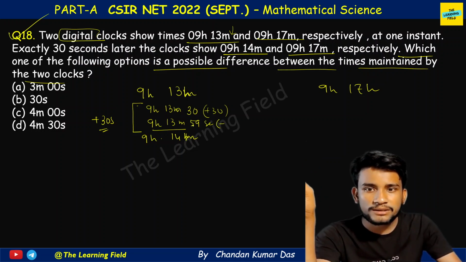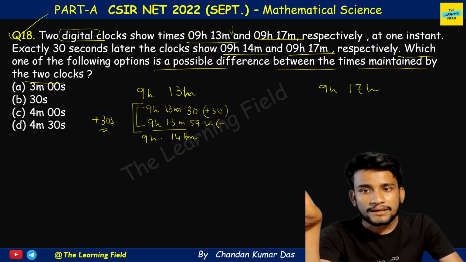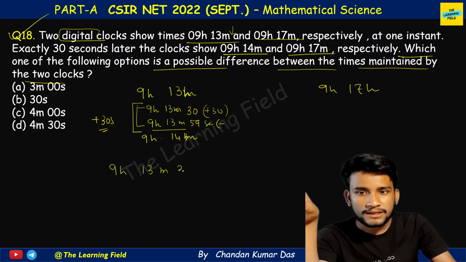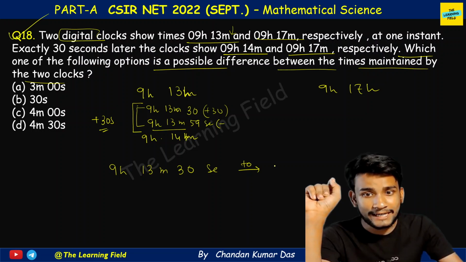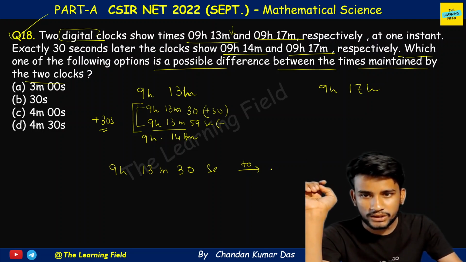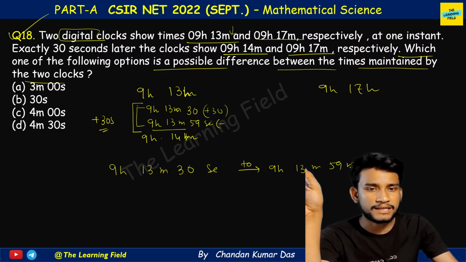So this also shows you the 9:13 up to 59 seconds, and then it shows you 9:14. Then we can definitely say that the exact time of this clock varies between 9 hours 13 minutes 30 seconds and 9 hours 13 minutes and 59 seconds.